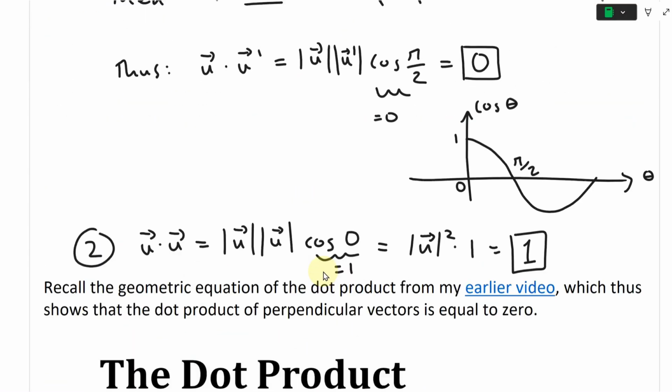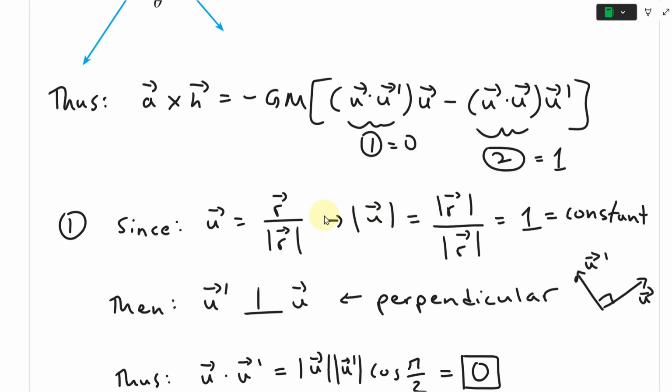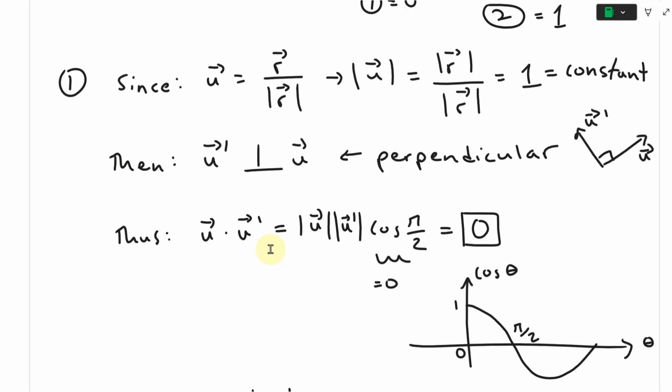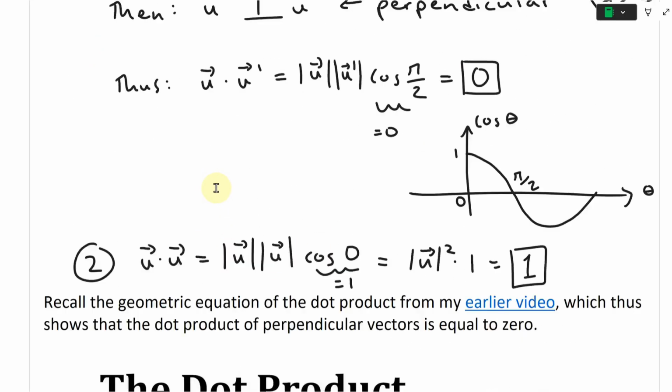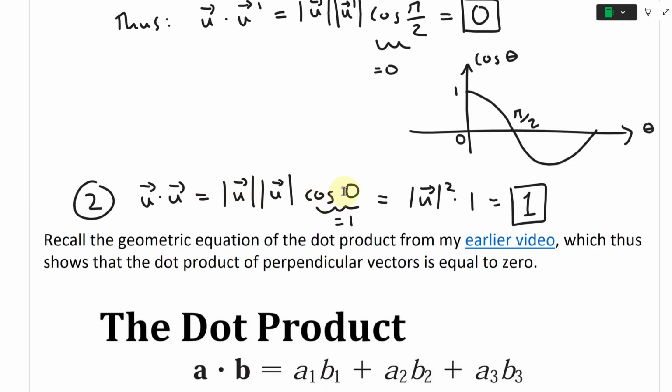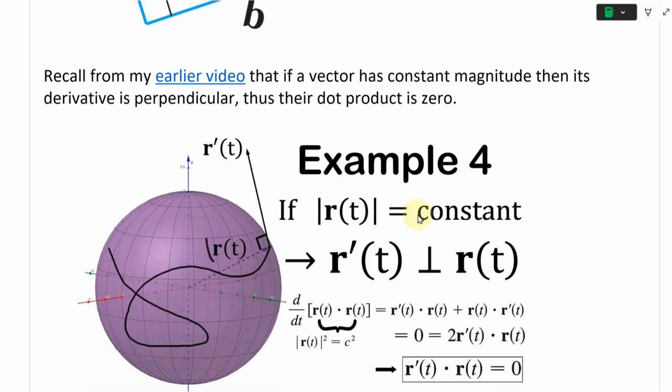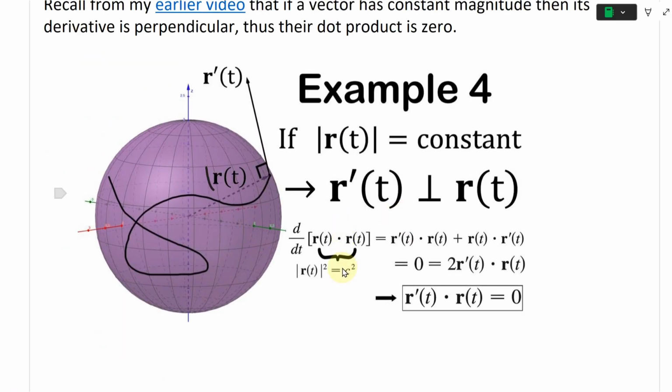And that follows from this part right here. So if we have the angle 0 and u dot u, because it's parallel, you're just going to have u squared. But in our case, it's equal to 1, so it's constant squared. And the derivative of the square of a constant is just 0.